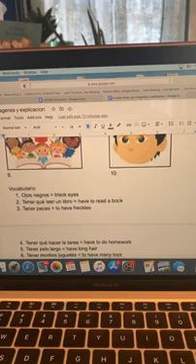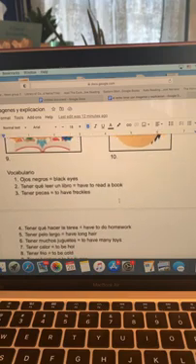Vocabulario número 2. Tener que leer un libro. Have to read a book. Okay? If you see, I put the verb and the infinitive because you need to conjugate it as you go along. Okay?